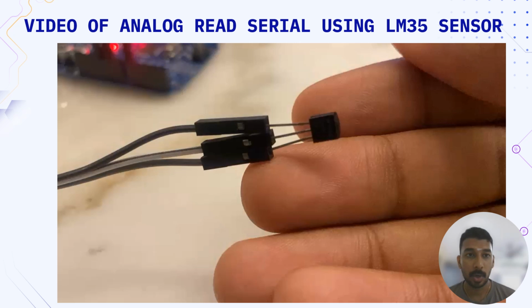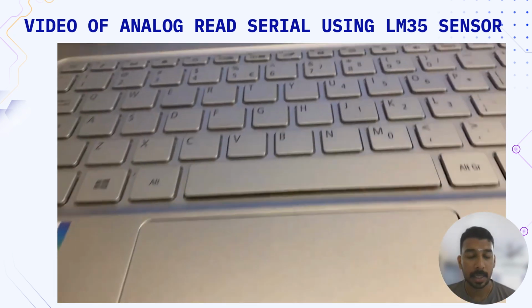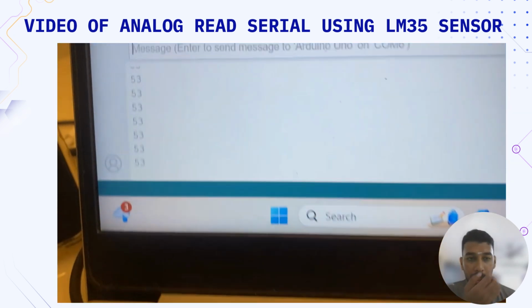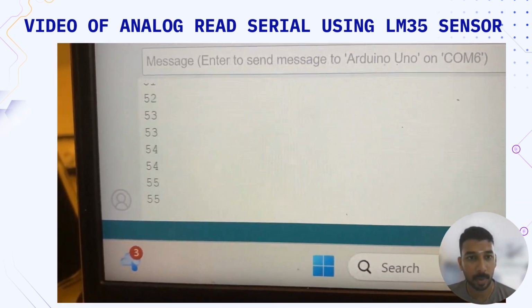This is the video of the analog read serial when we replace the potentiometer with the LM35 sensor. Once we fix it, the value indicates between 40 to 70. In my case, it's approximately 49, 50, 51, 52.